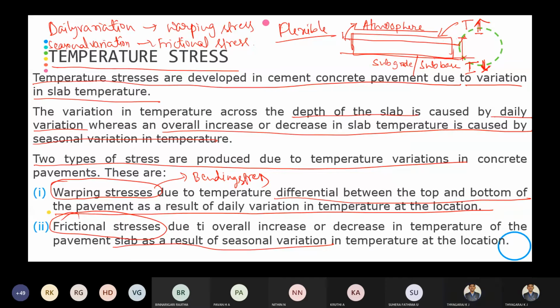If there is seasonal variation in the cement concrete pavement, then we get these frictional stresses.